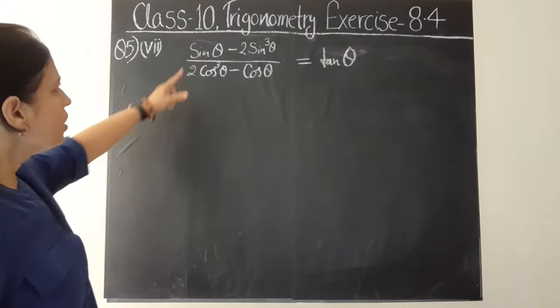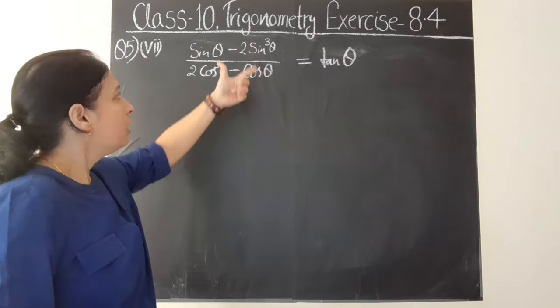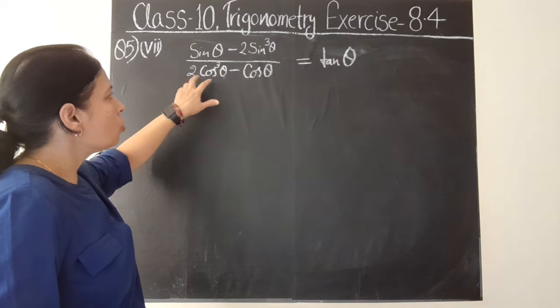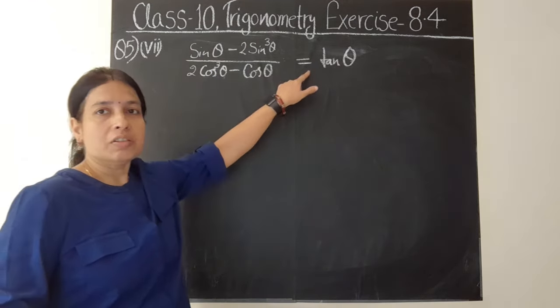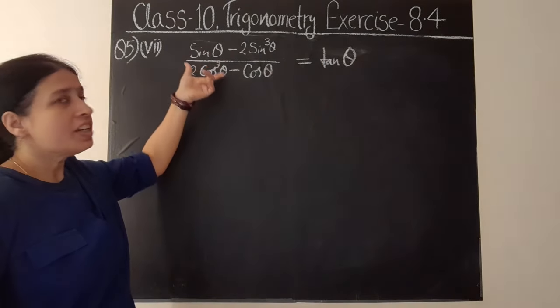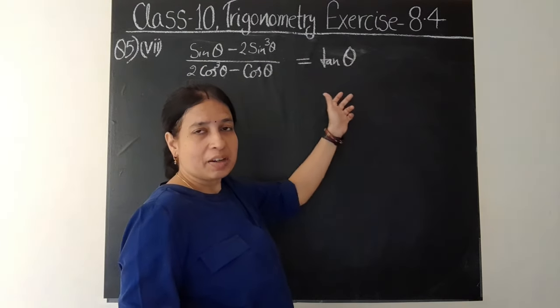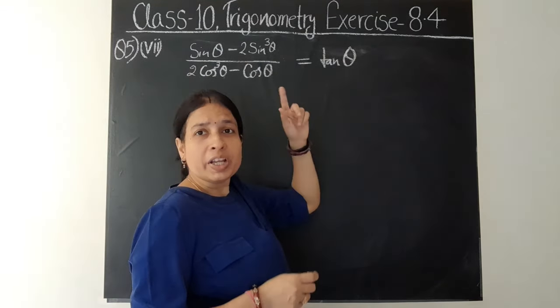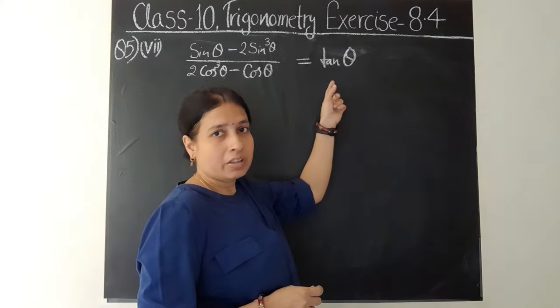Next question is sin theta minus 2 sin cube theta divided by 2 cos cube theta minus cos theta is equal to tan theta. Here LHS is given in the form of sin and cos and RHS is given in the form of tan. You know that sin theta divided by cos theta is equal to tan theta.